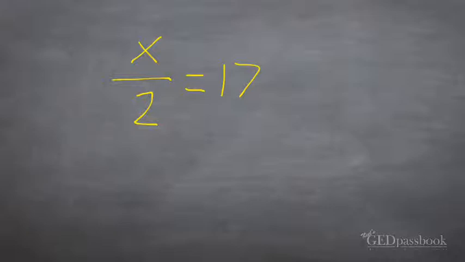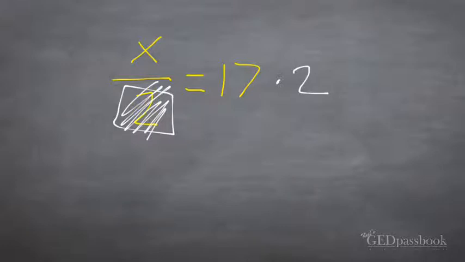And what you do is you get that denominator, you kill it, you destroy it, and you throw it over there via multiplication. And that's all you do. X equals whatever 17 times 2 is. What's 17 times 2?